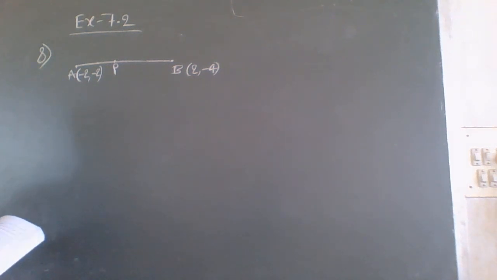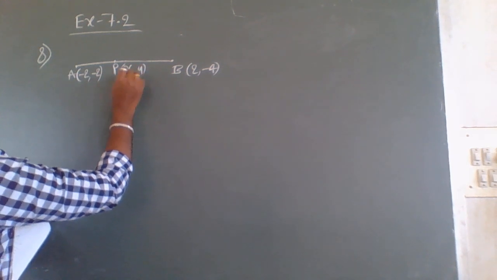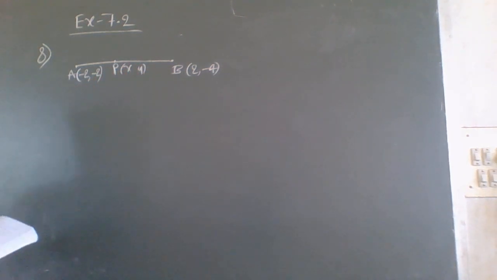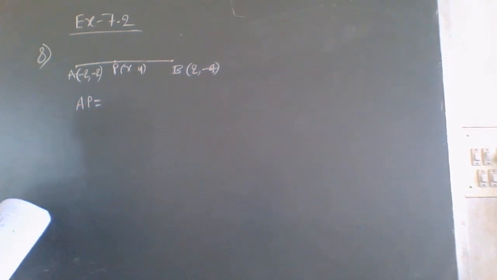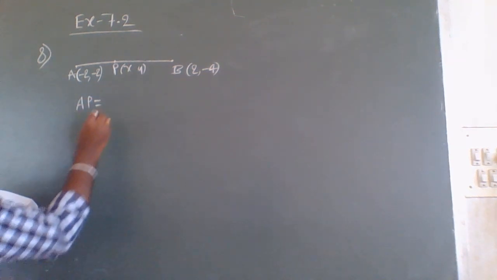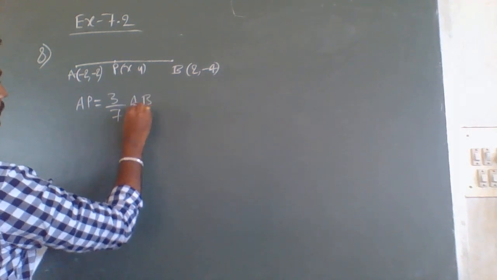And find the coordinates of P. Here we have to find the coordinates of this point P such that AP is equal to 3 by 7 AB. They are given this.